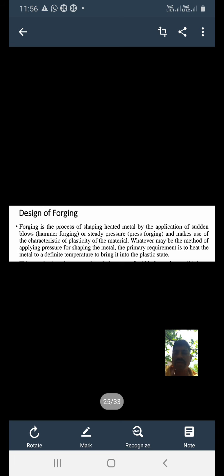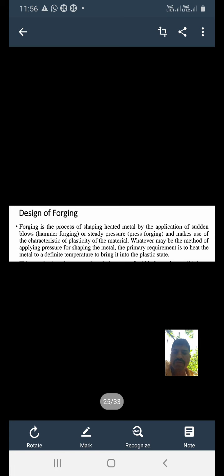This may be done in an open hearth known as a Smith forge for a small job, or in closed furnaces for a bigger job.